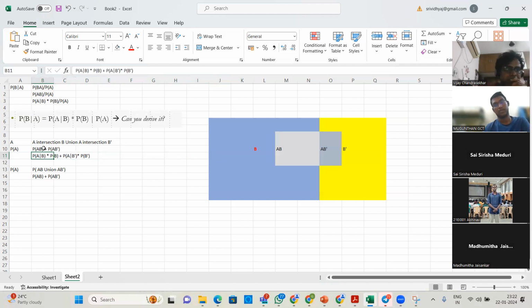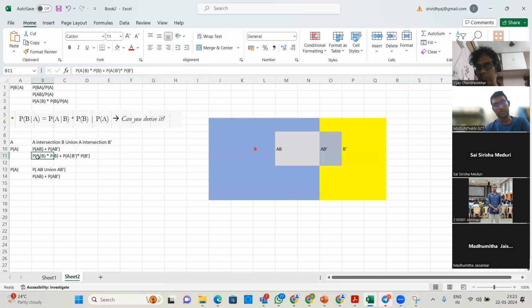So what we have done here is we creatively used the law of total probability to split P(A) into small chunks, so that you can work out those expressions.